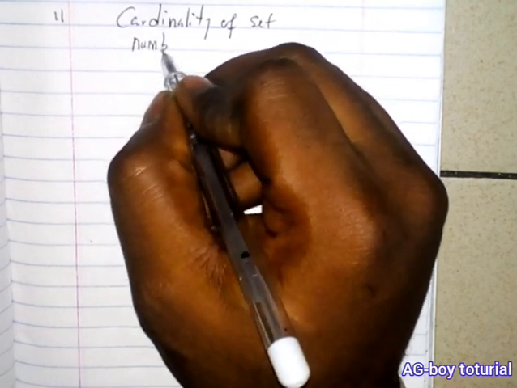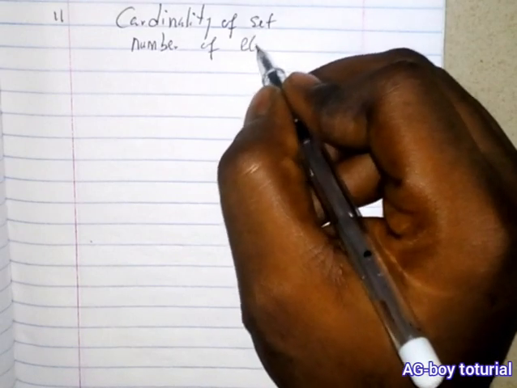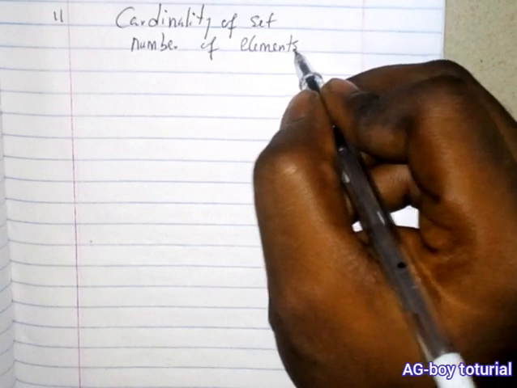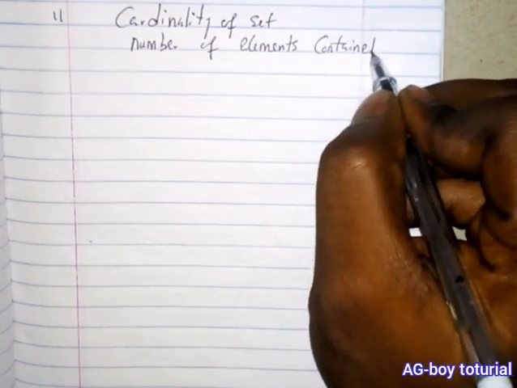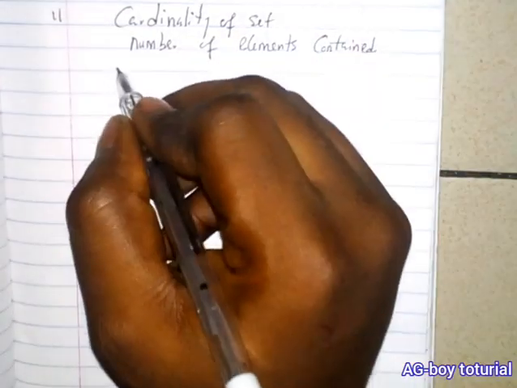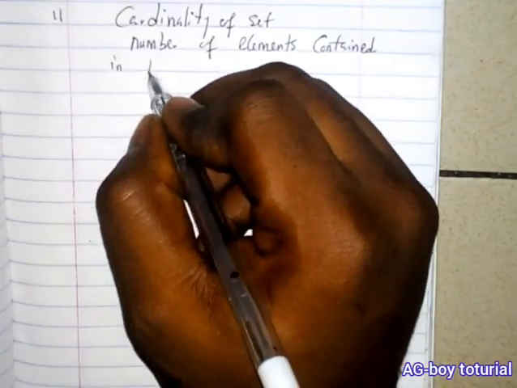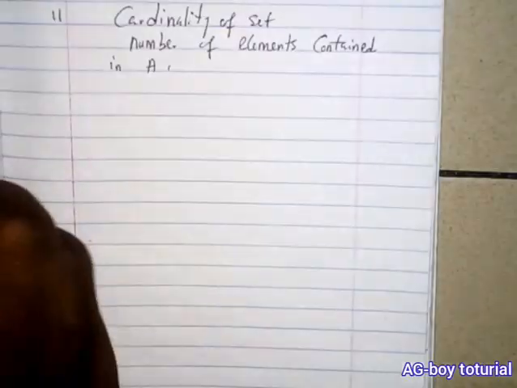It means number of elements contained in A. For instance, number of elements contained in A.